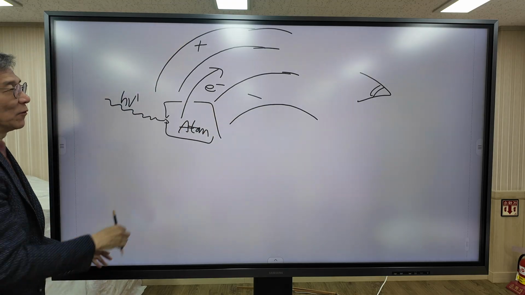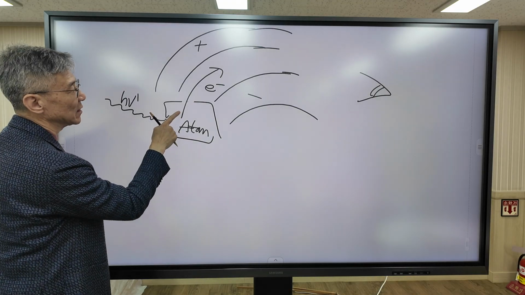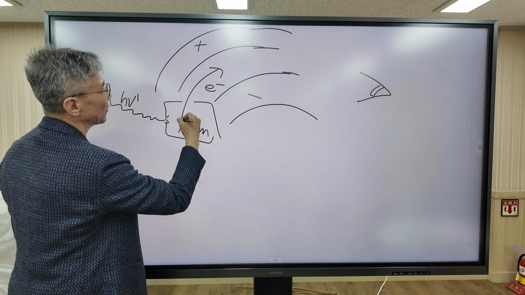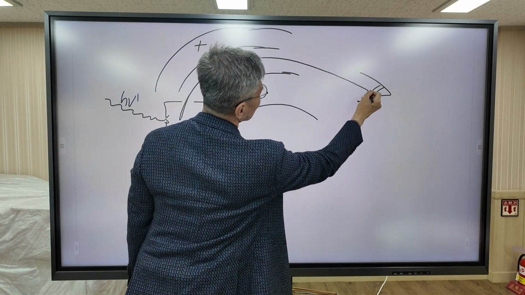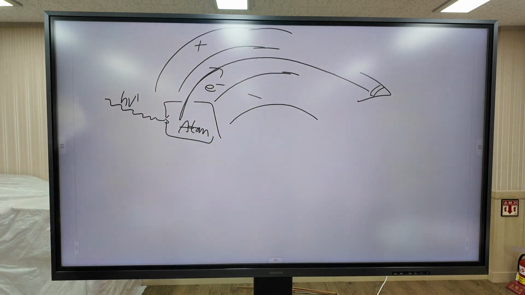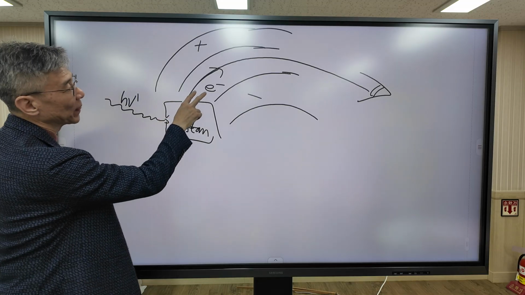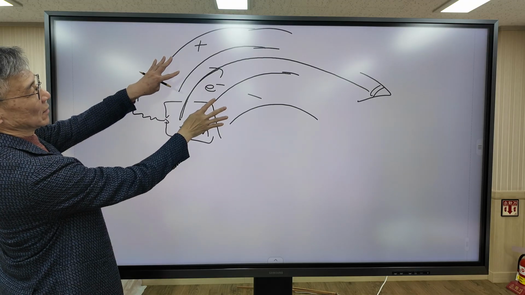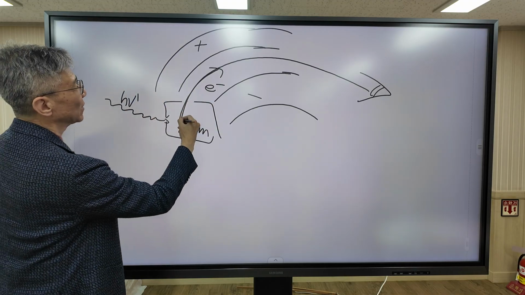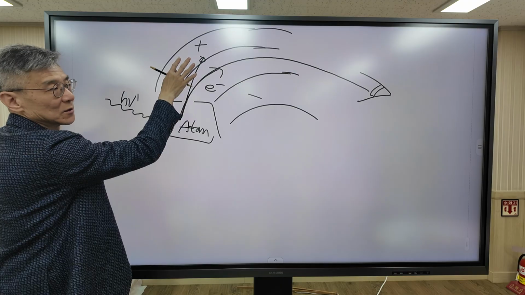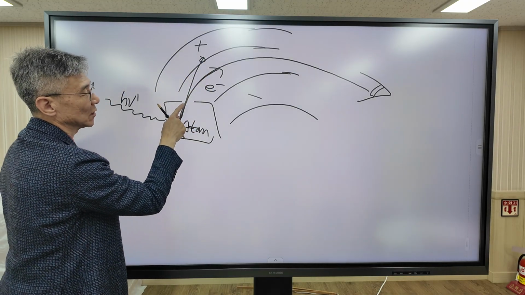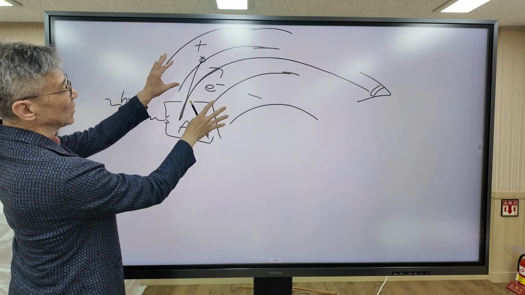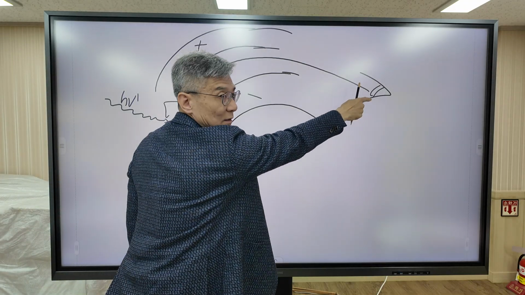And when the electron with kinetic energy passes through the electrodes, a proper electron can pass through and be detected by the detector. But if the kinetic energy of the electron is much higher compared to the electric field, it collides with the upper electrode. So it does not reach the detector.